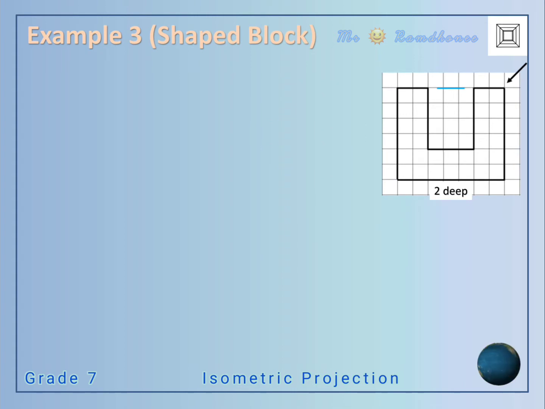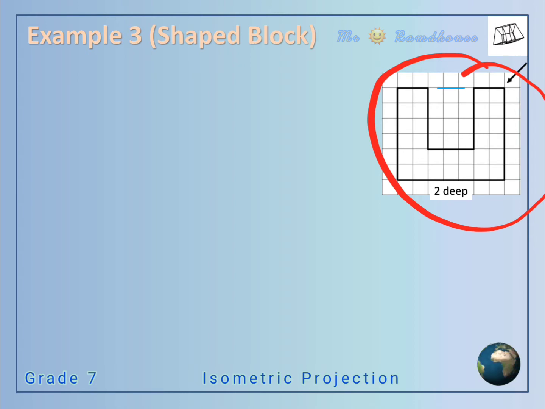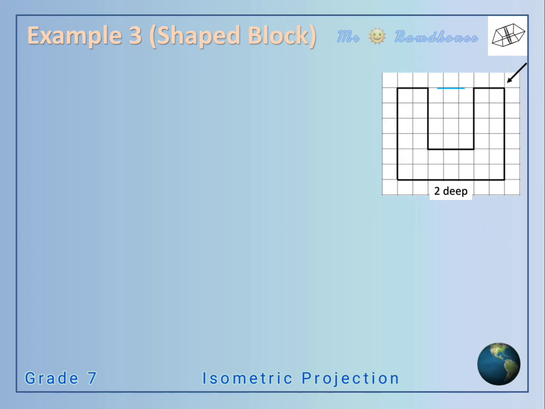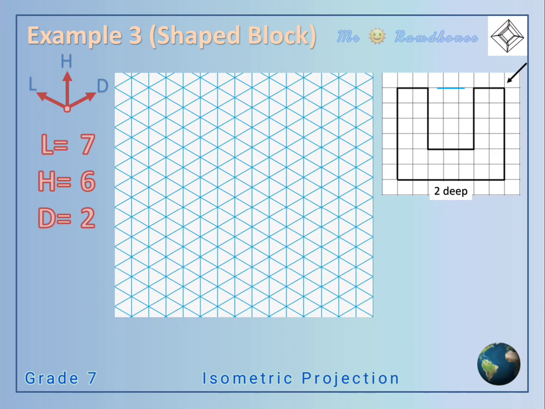So we're going to bear in mind that we have to pay attention to this, and then we are going to draw the rest of the object. It is very important to draw the isometric axis like is shown in the left, and we're going to start with the point which is here.